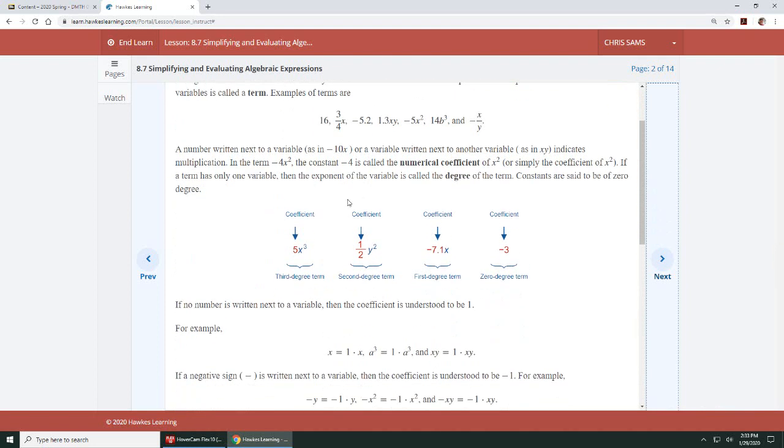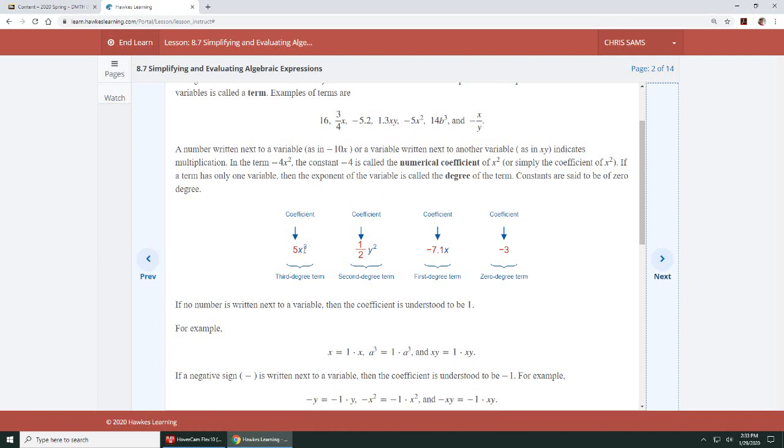So here is a better breakdown, a visual of what a coefficient is. So we call a number a constant, but when that number is attached to a variable, we call it a coefficient. Every time you see a variable, there's a coefficient there, even if you don't see it. Okay, so I'm going to make a note of that. Here's some examples.